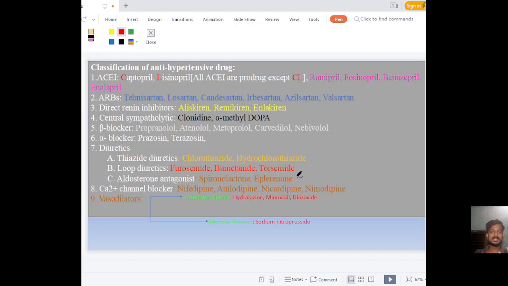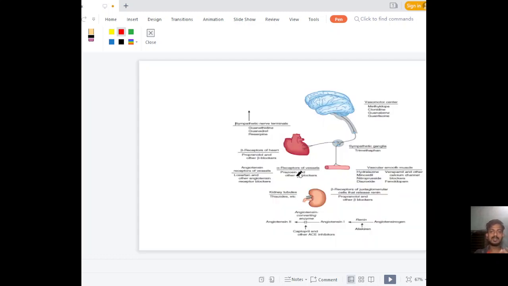Before going to the classification, come to this slide. How does blood pressure basically increase? Our autonomic system has the sympathetic system. When the sympathetic system is activated, it releases catecholamines like adrenaline, noradrenaline, norepinephrine type of compounds.